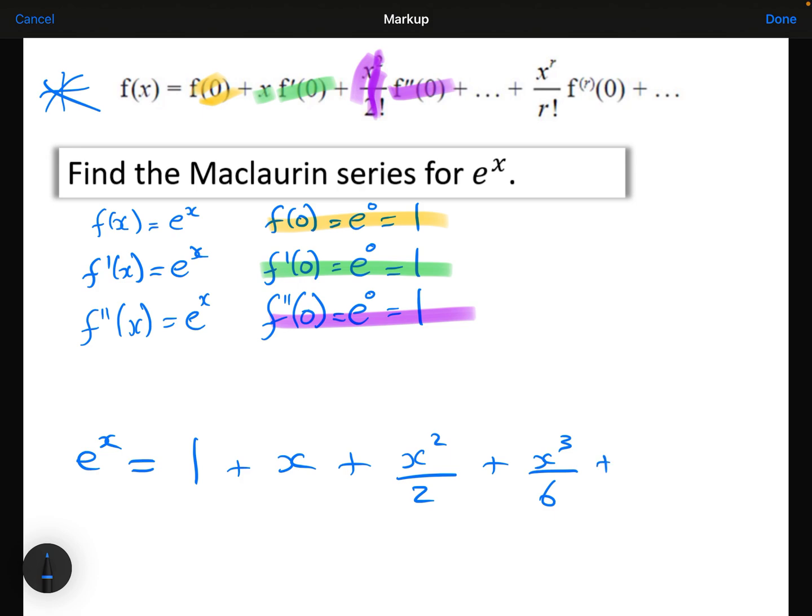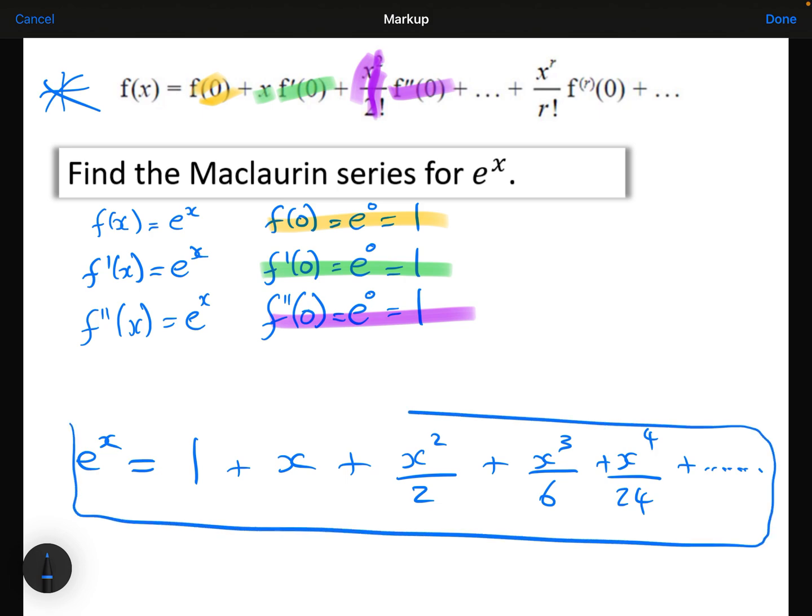The next term after that would be x to the power 4 over 4 factorial, so 4 times 3 times 2, multiplied by f''''(0), which again is going to be 1. So this is our Maclaurin series expansion for e to the power x.